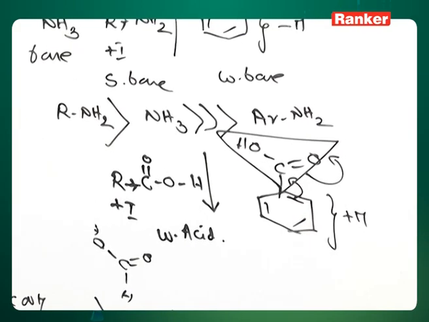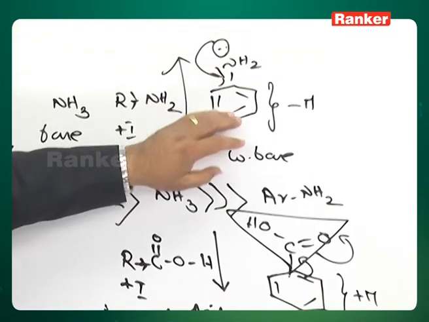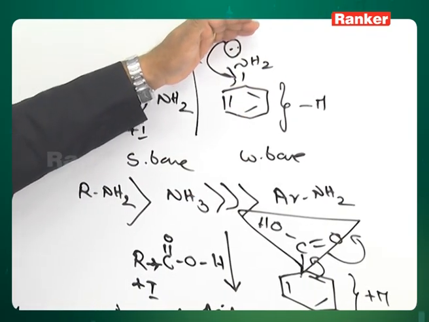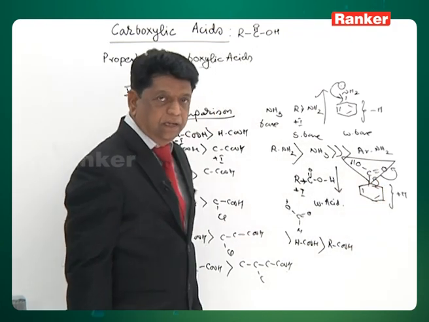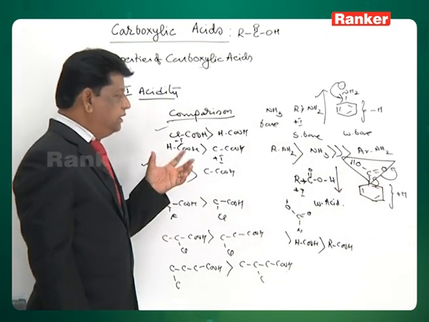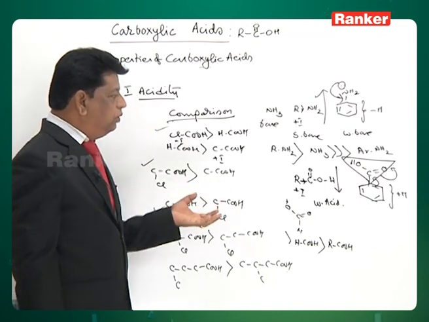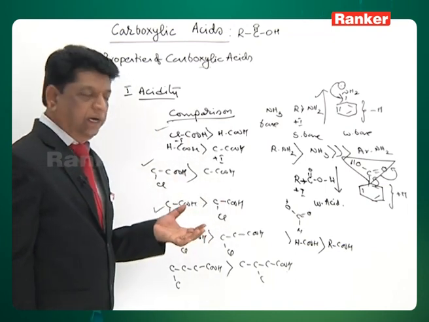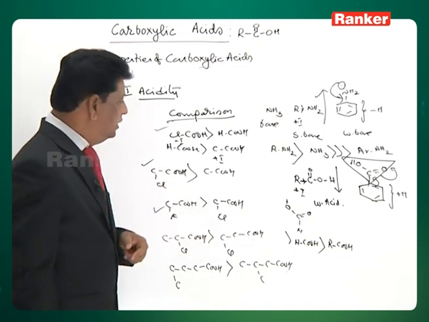Therefore, even substitutions in amine will have a greater influence on the basicity of the NH2, but substitutions in the benzene will not have much influence on the carboxylic acid, because the plus M effect, the whole effect has become null and void. So, through that effect, influencing factors will be almost negligible.